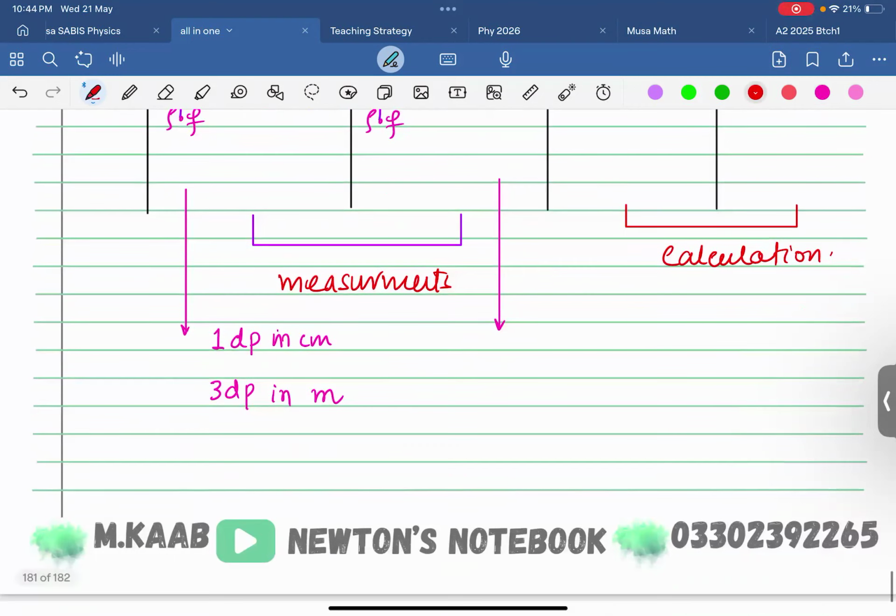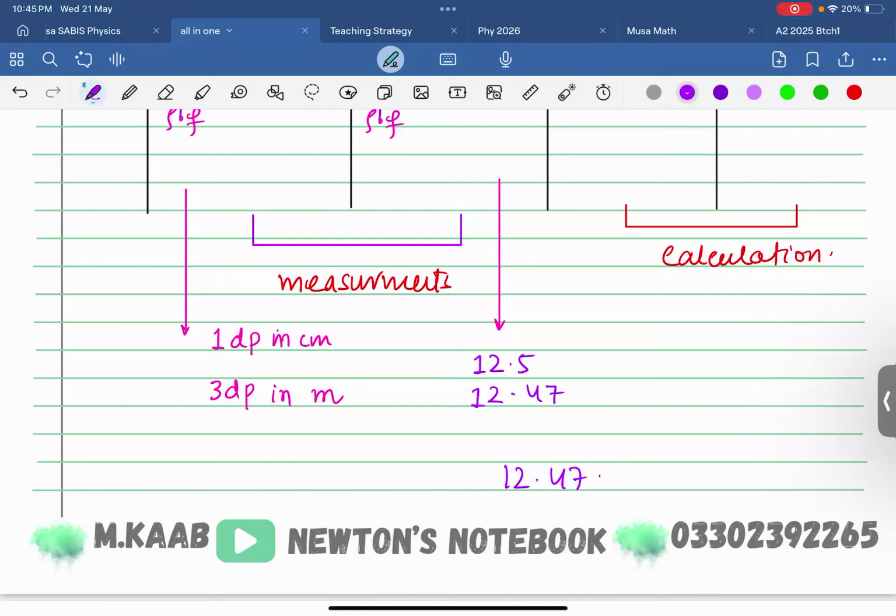Let's say you have a time value of 12.47 seconds. So it's two decimal places, and this is what your digital stopwatch shows you. But the examiner gives you the choice whether to write it with 1 dp or in 2 dp.